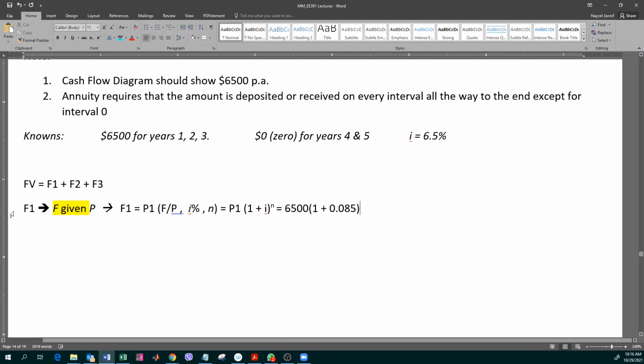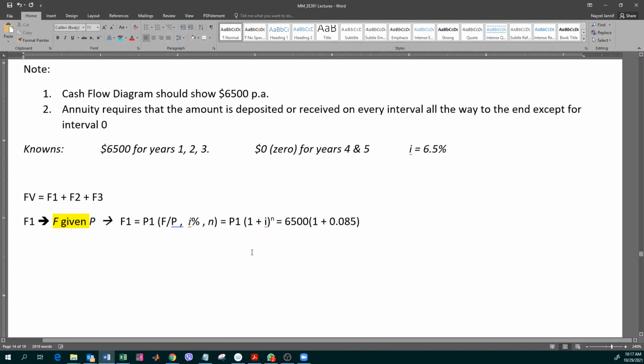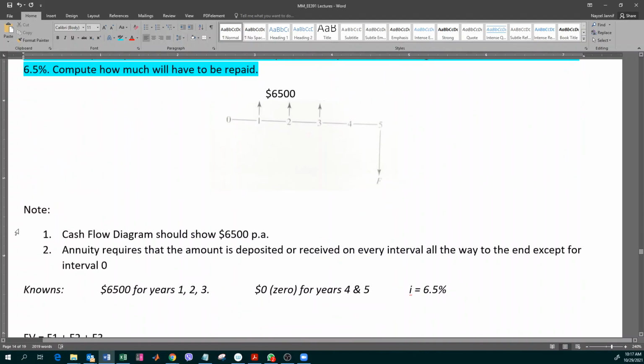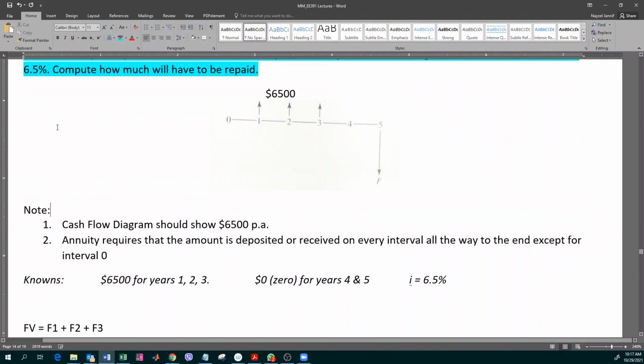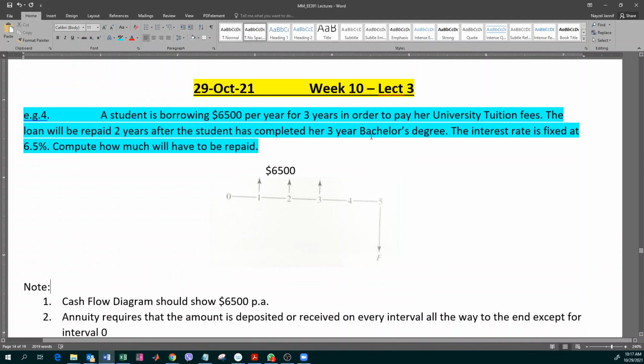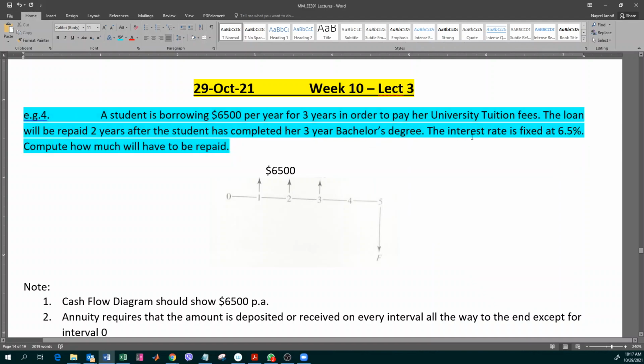Listen to this. Tavake, you are very good. I like that you are involved in this course. See, it says the interest rate is fixed. This is the key catch over here, and this is a real life scenario. The interest rate is fixed at 6.5%. So what does that mean?